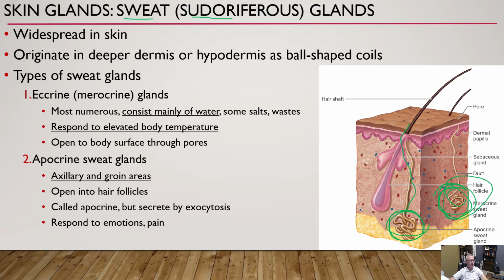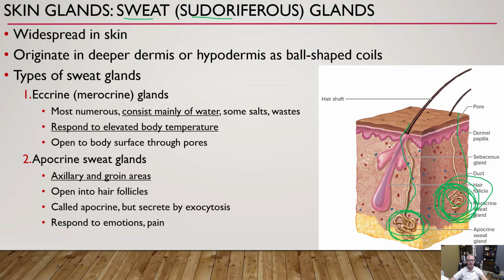We do have apocrine sweat glands. We'll talk about the difference between the two. Merocrine sweat glands. They both originate as these coil balls, and they go up and release their gunk. So we do have two types of sweat glands: eccrine glands and apocrine glands.